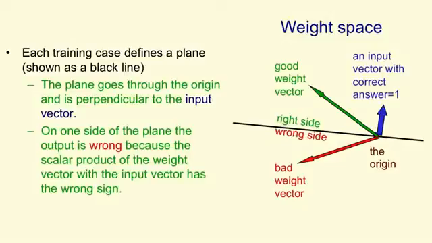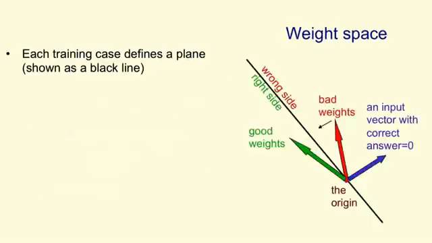Now let's look at a different training case in which the correct answer is 0. So here we have the weight space again. We've chosen a different input vector, and for this input vector, the right answer is 0. So again, the input case corresponds to a plane shown by the black line, and in this case, any weight vectors that make an angle of less than 90 degrees with the input vector will give us a positive scalar product, and so they'll cause the perceptron to say yes or 1, and it will get the answer wrong.